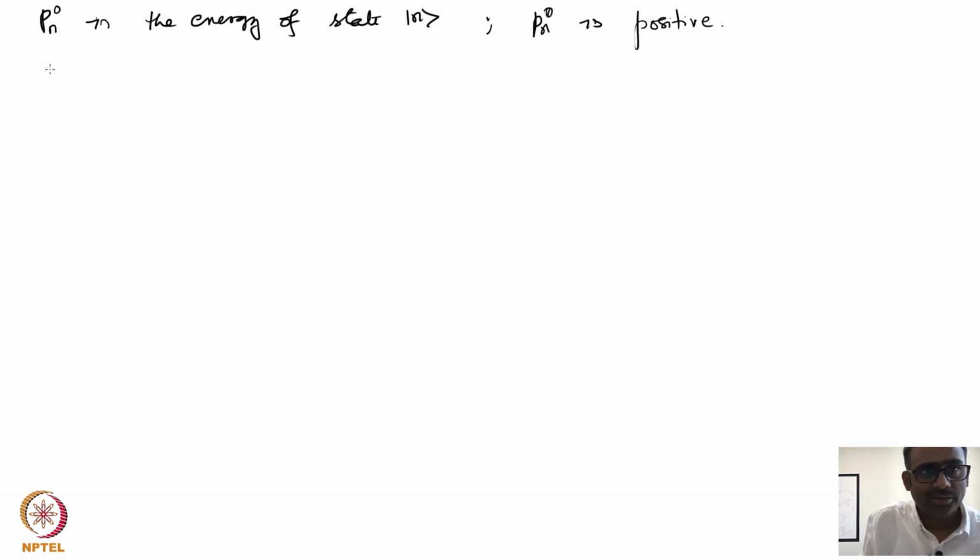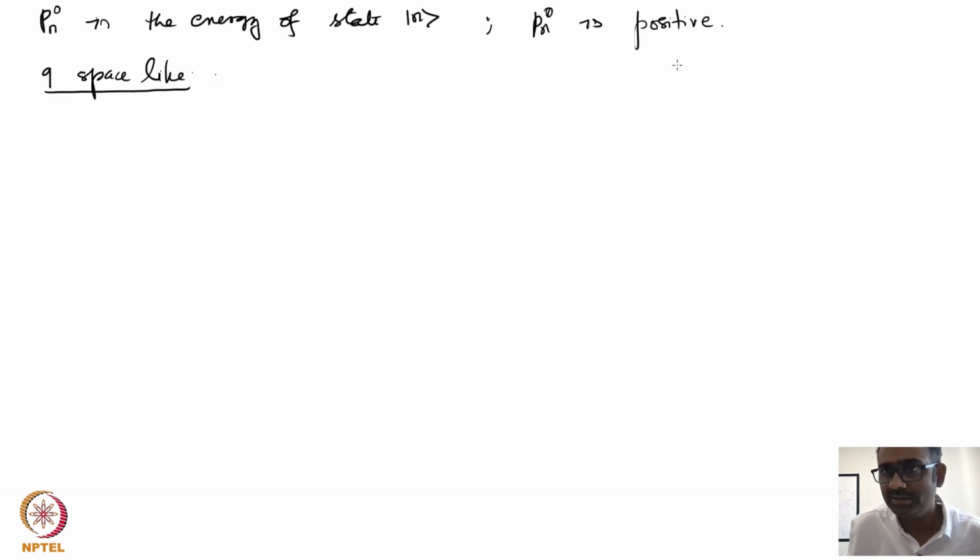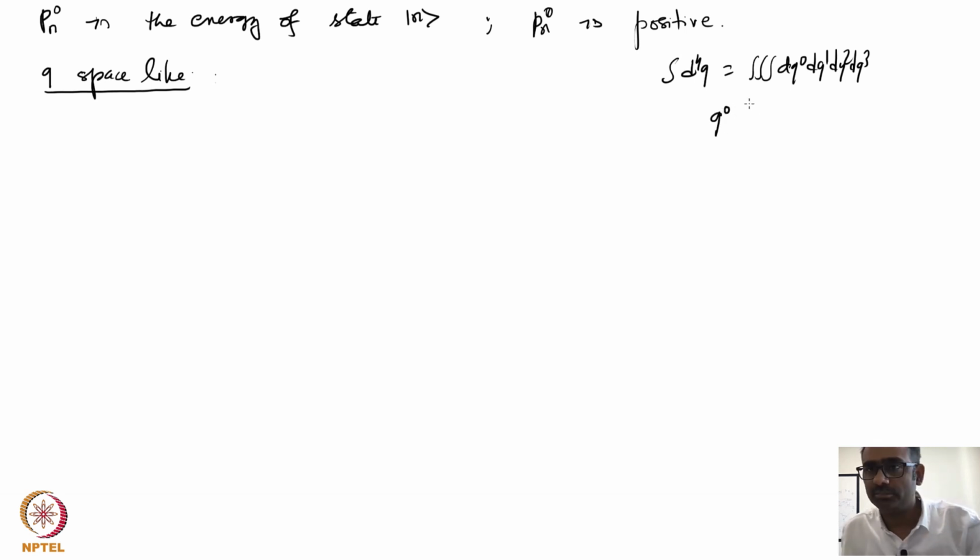So, q space like. Let me remind you again why I am doing this, because I have integral d4q, which is dq0, dq1, dq2, dq3. I am summing over all this. So, when you are summing over all possible configurations, there will be configurations for which q0 is less than 0.